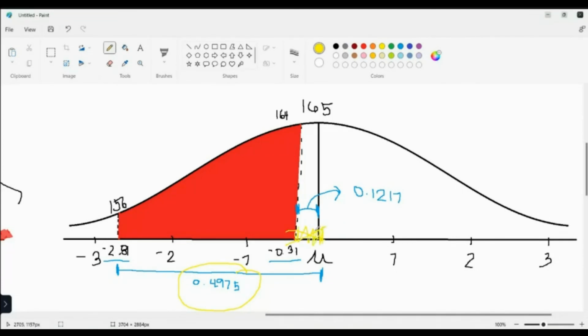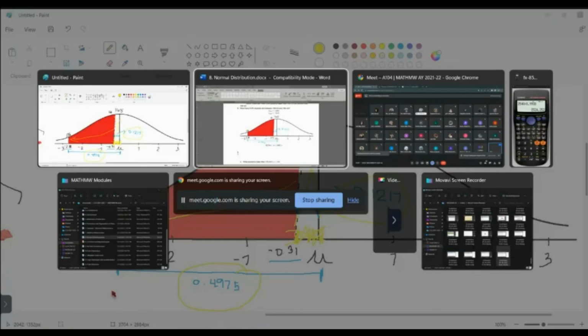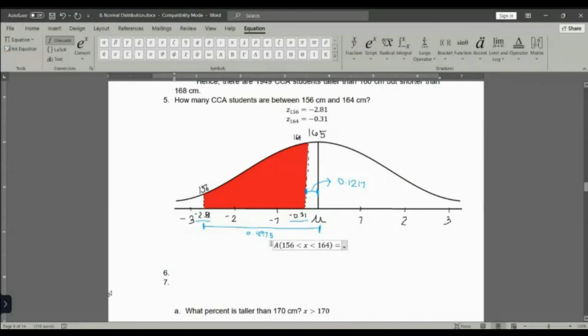Tatanggalin lang natin itong portion na to. So that is 0.1217 subtracted from 0.4975.